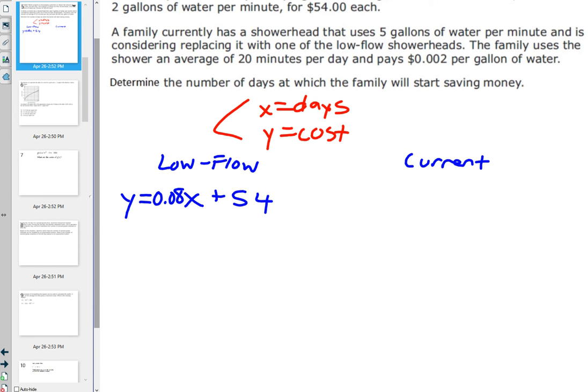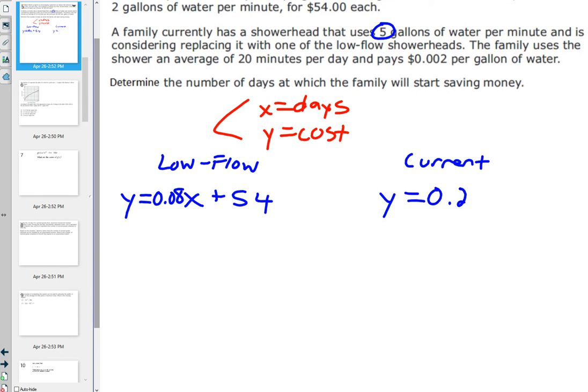Do we have to do the same thing? Yeah, we have to do the same thing with the 5. There's no flat cost because they don't have to pay for equipment. But for the second equation, instead of 2 times 20 times .002, we do 5 times 20 times .002, which should be 0.2.